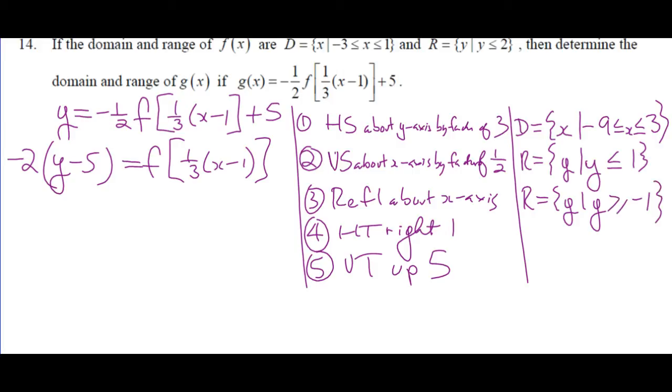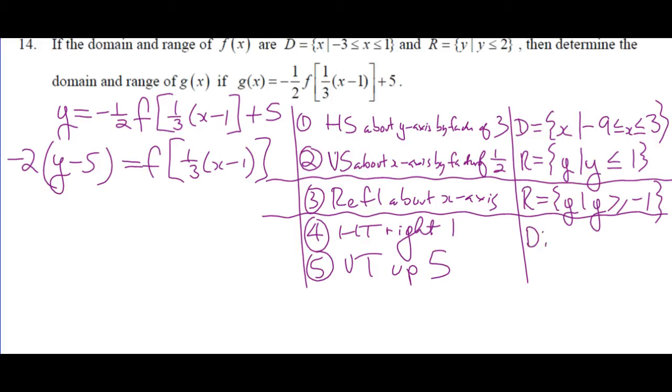And then we move it right 1 and down 5. Let's separate these, because what I write here is now going to be my new domain and range, the final. So what's my new domain? Set of all x such that negative 8 less than or equal to x less than or equal to, we're not going to move it? You're going to move one end, but not the other end? 4.